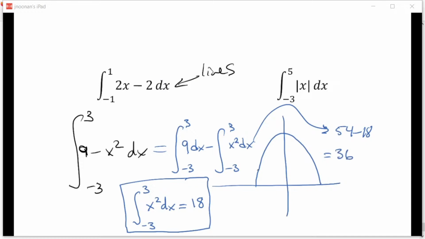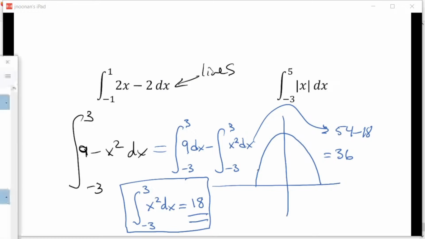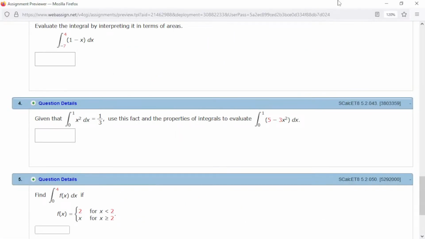That's a great question. Why is this 18? Because that's just given to us and you're doing it on faith. You're trusting that it is true. When you look at the homework, I'll just show you, you have some problems that are like this. Here, for example, it says you're going to just take on faith that this is true.